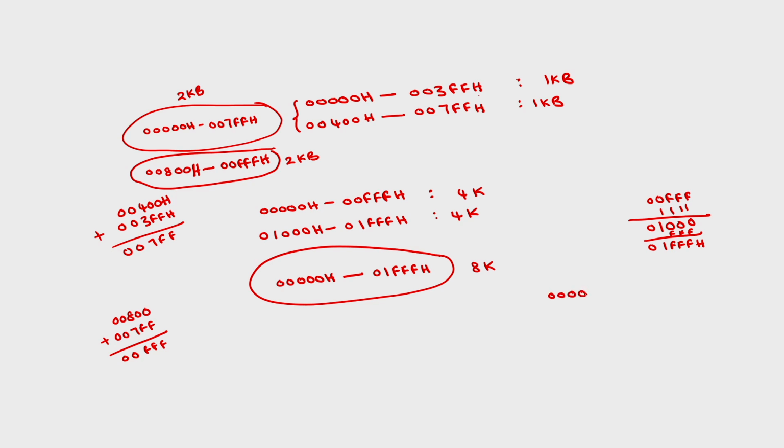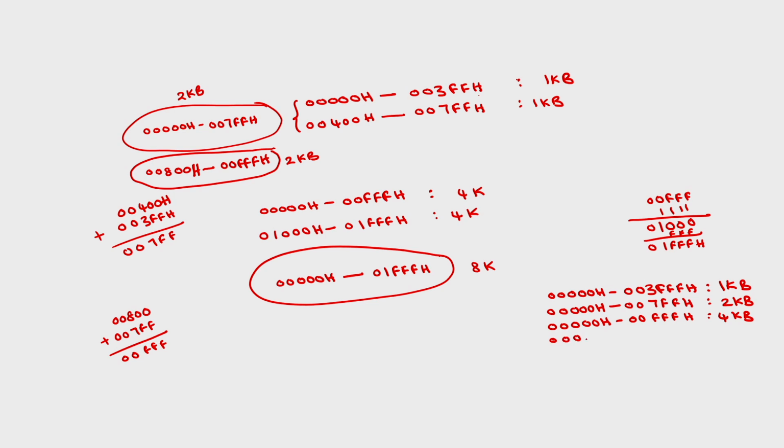So 00000H to 003FFH will be 1 kilobyte, and I will start with all zeros only. 00000H to 007FFH will be 2K, and if I start with the same 00000H and end with 00FFFH, this will be 4K.